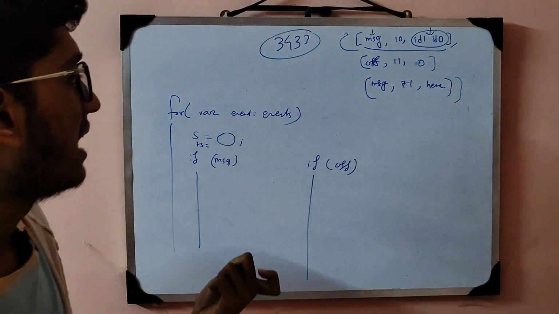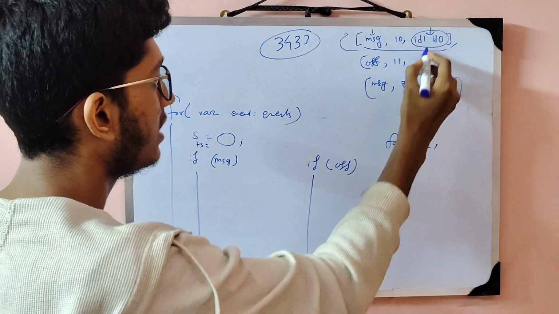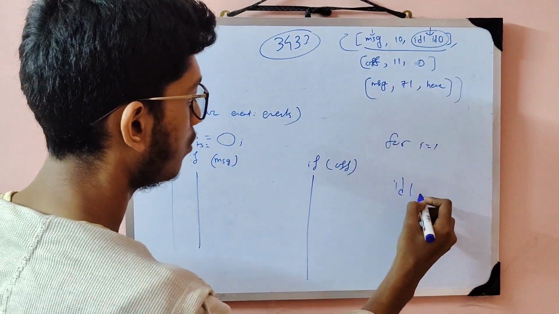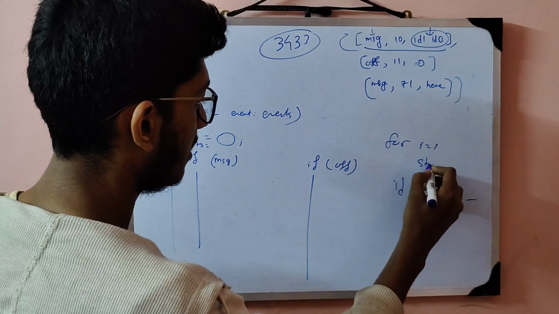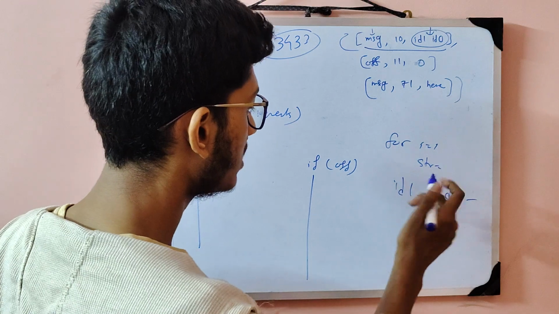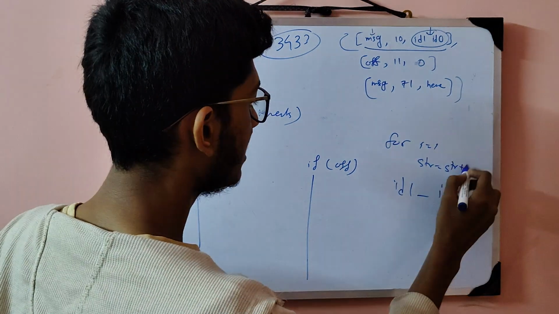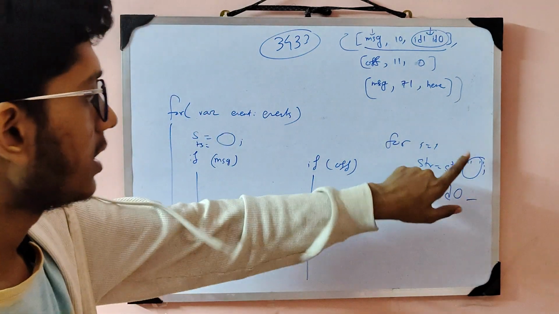You can run a for loop, and whenever you see id 1, id 0, you store the whole thing in a string str plus a space.